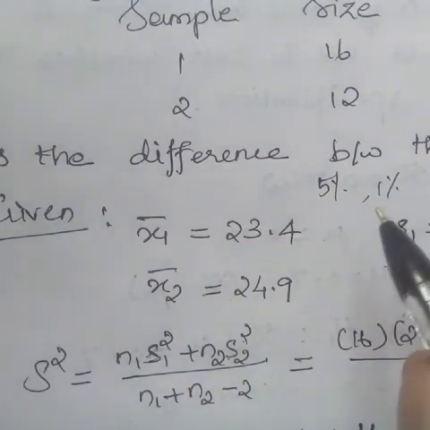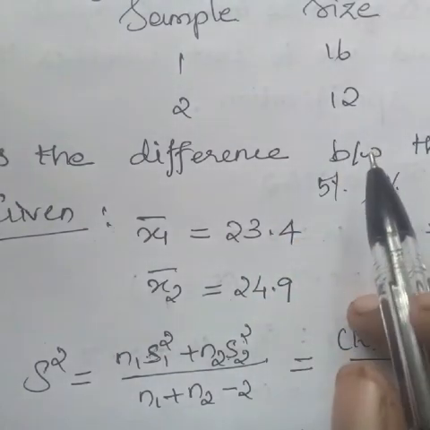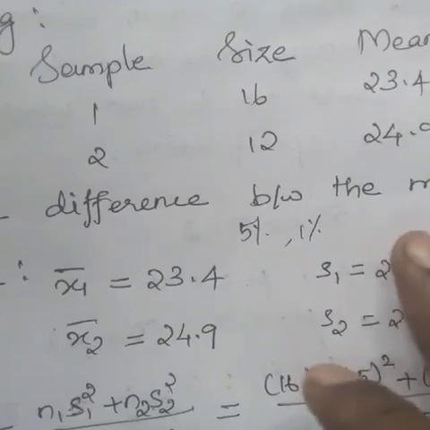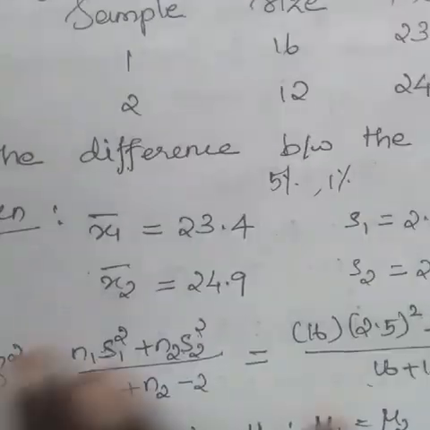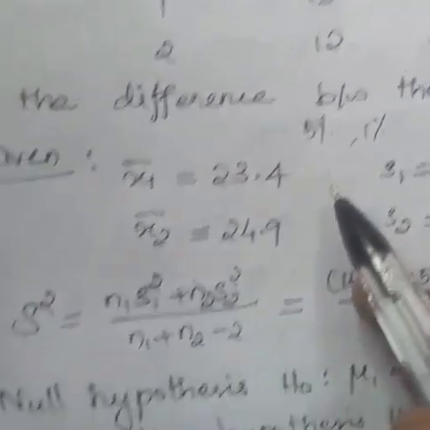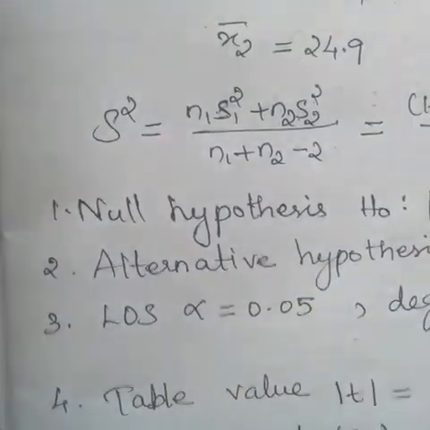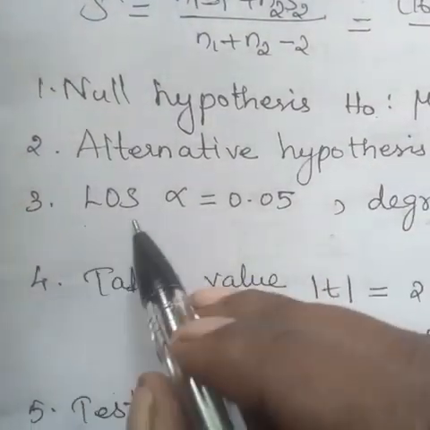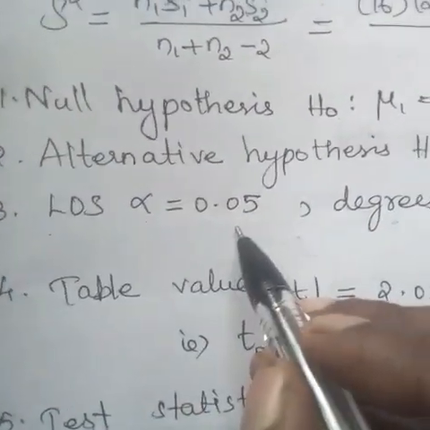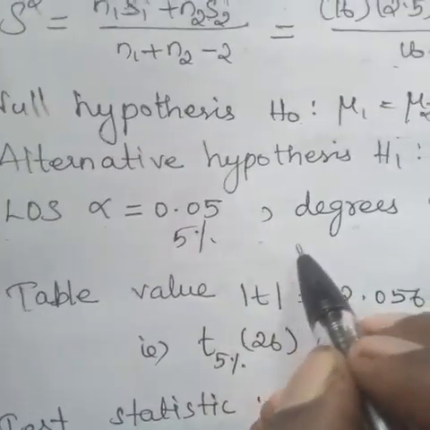Otherwise, it is not mentioned in the question, as in this problem, so we consider the level is 5%. Usually we use 5% level of significance. So LOS alpha is equal to 0.05. 5% means 0.05.